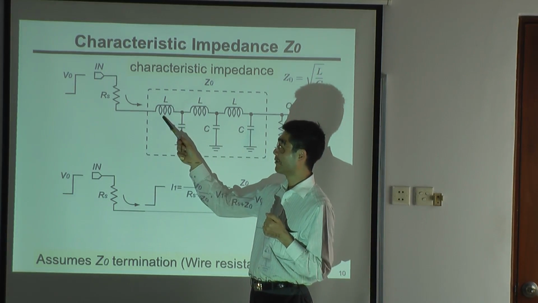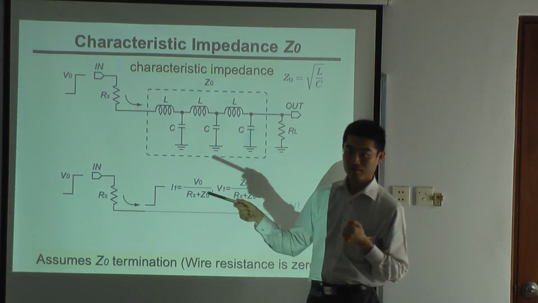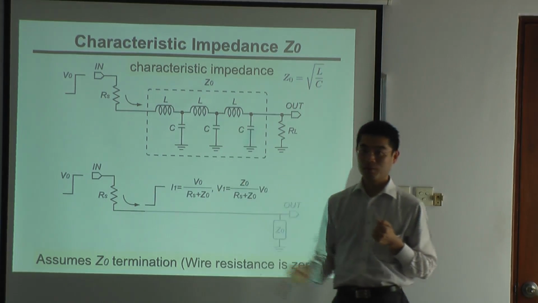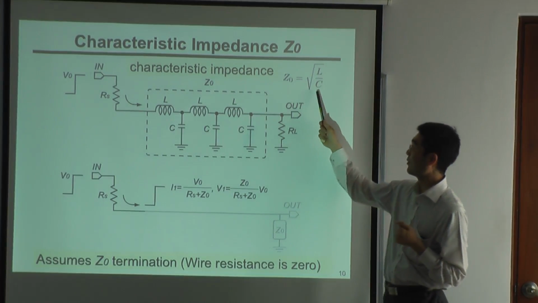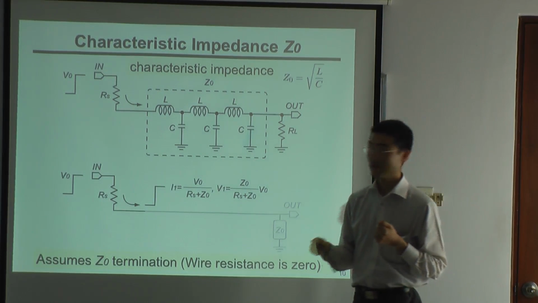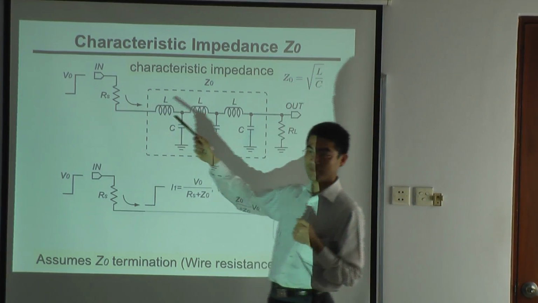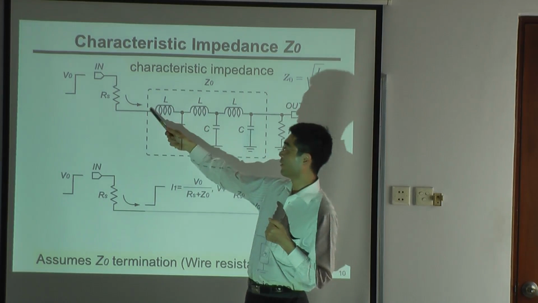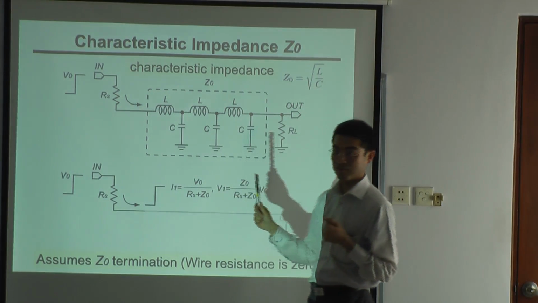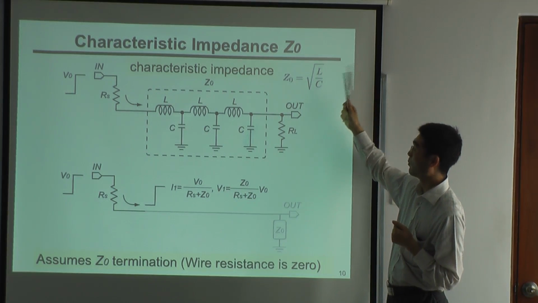Usually, ωL is frequency dependent and ωC is also frequency dependent. So these two are frequency dependent. Now let's say we have R here, or conductance here, which will make Z0 a complex number.